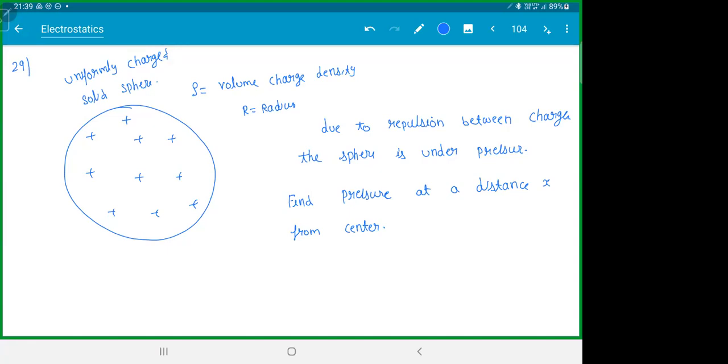Later on, we'll see in electrostatics how much charge I should keep so that the sphere will burst. I can even frame a question of that sort. How do we do this? Everyone should give it a try. Think about it logically. It's a good one. This will be a paragraph level question.